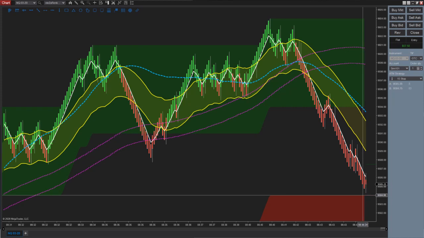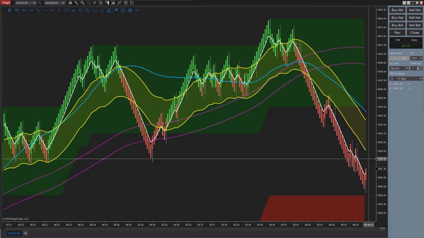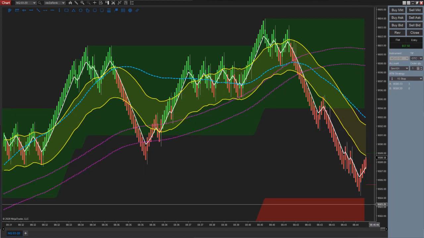There should be a reaction somewhere here. They didn't touch yet. Sometimes they'll pull back all the way there and then come back and touch it.